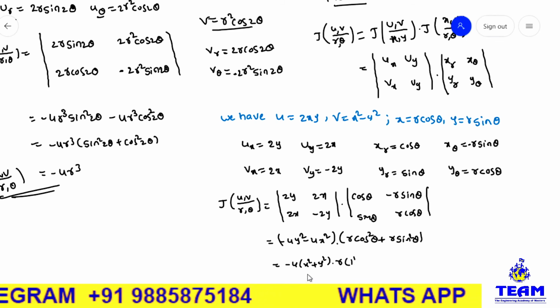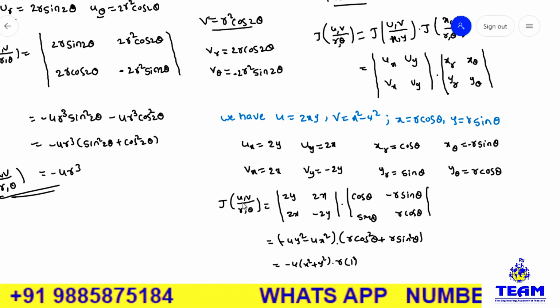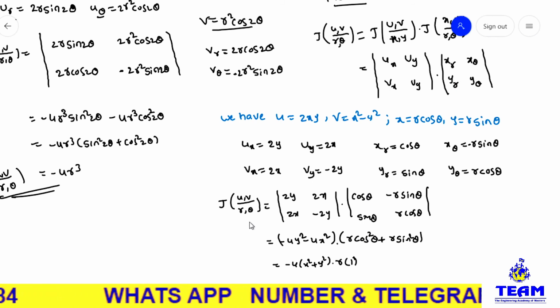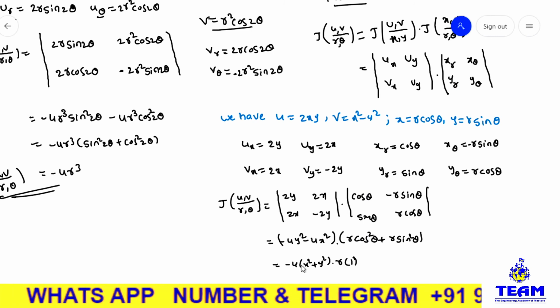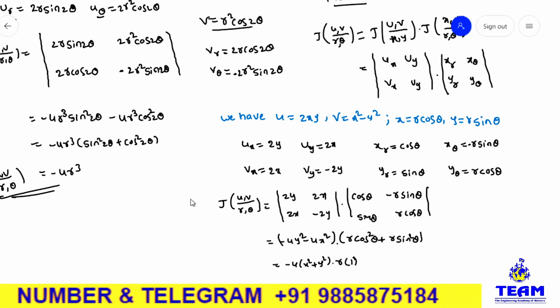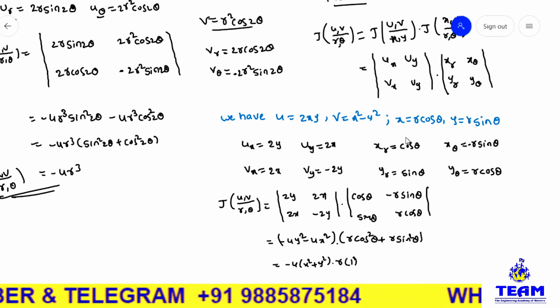Now friends, you see the Jacobian of u, v should be in terms of r, theta or a constant, maybe 0 or non-zero, but here you have x, y terms. What is x square plus y square in the given problem? They are not given directly, but x and y are given. So I need to find x square plus y square.